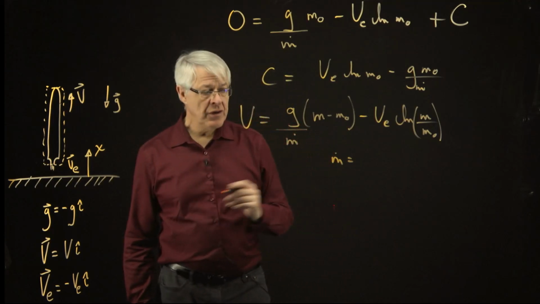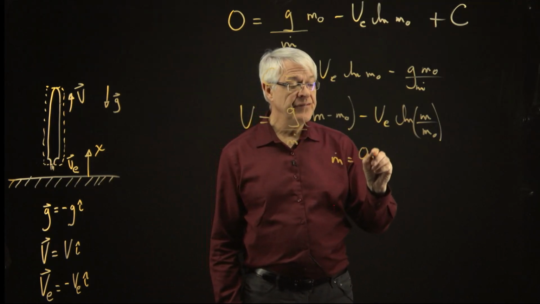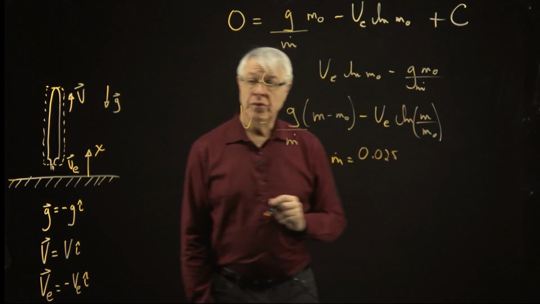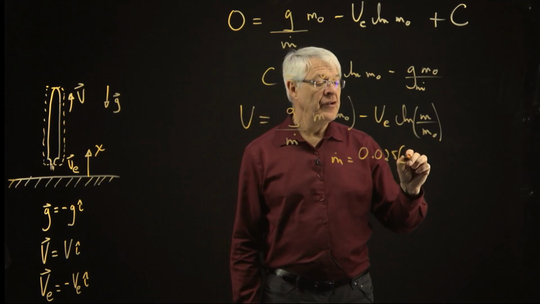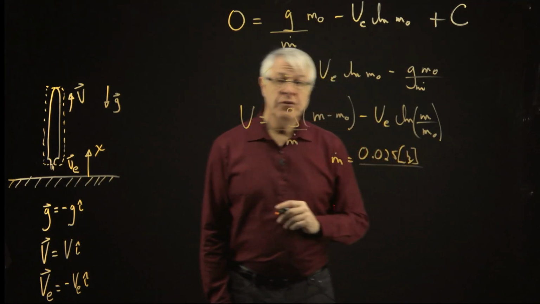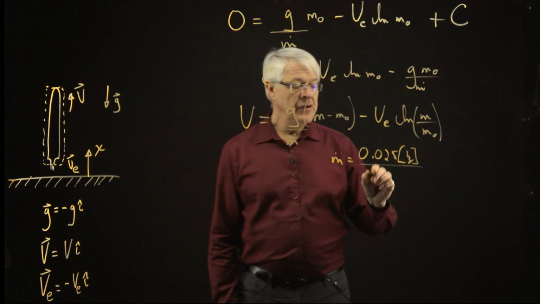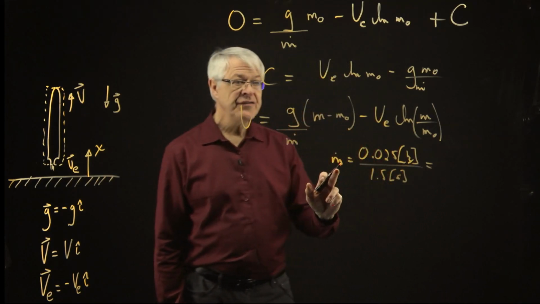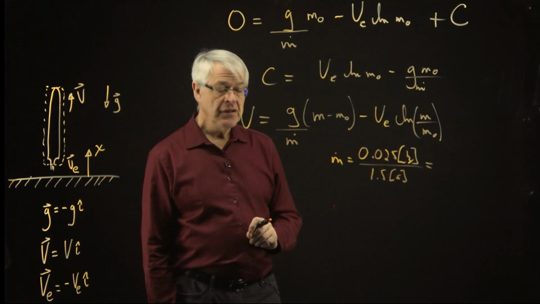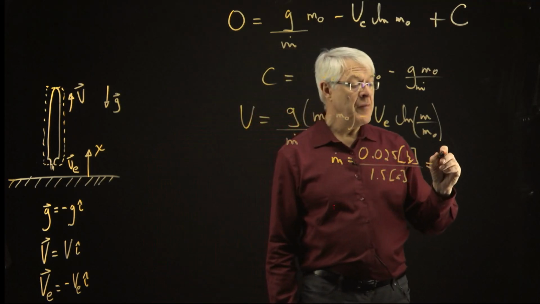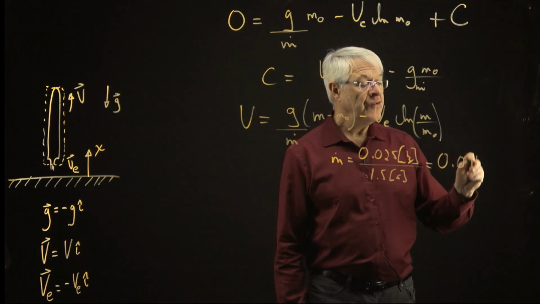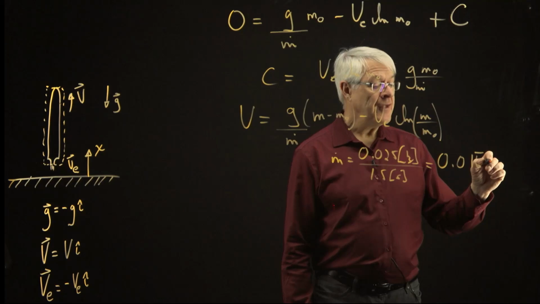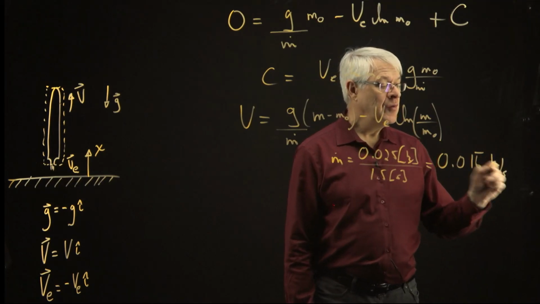Remember, we have 25 grams of fuel, so 0.025 kilograms, and that fuel burns in 1.5 seconds. So our mass flow rate we can get from that mass of the fuel and the time, and that works out to 0.016 repeating kilograms per second.